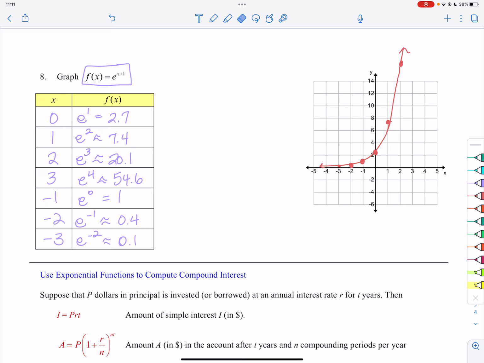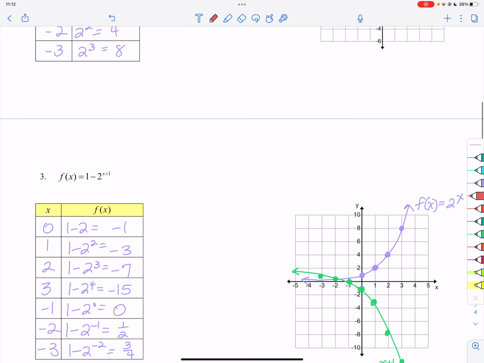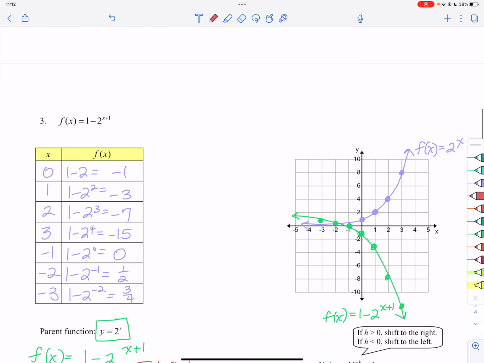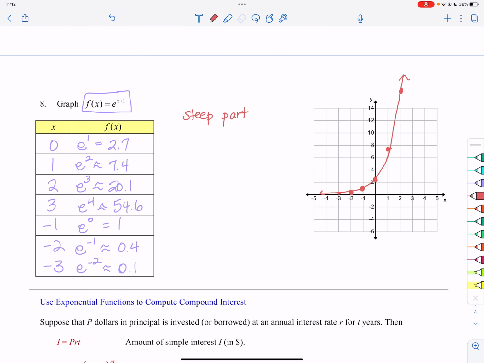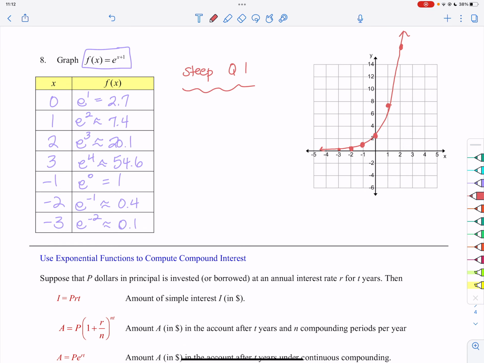Because the base is greater than 1. Okay? Here, b is equal to e.